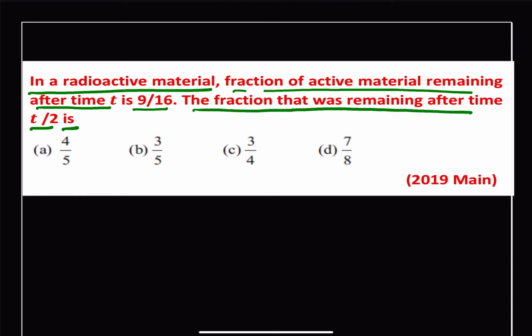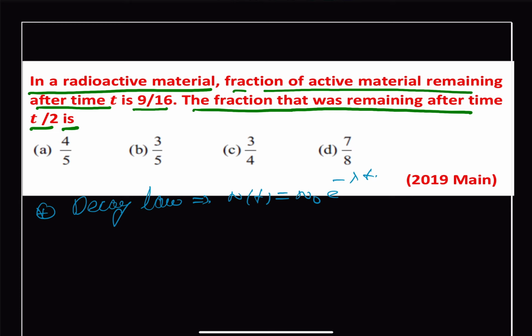So here we are going to use the decay law. The decay law gives us that after time t, suppose N of t is remaining, that will be equal to our N naught, the initial amount, times e raised to power minus lambda t.